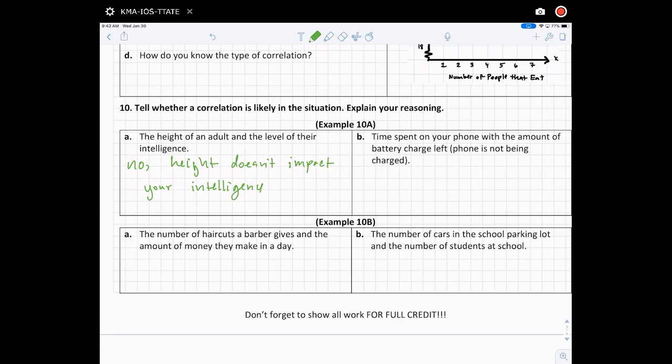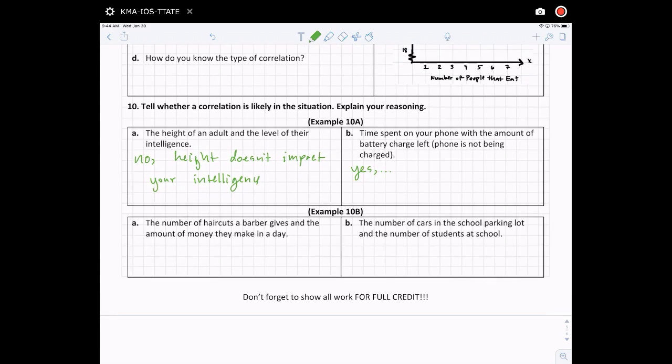Yeah, okay, so I would reason yes, and another person could possibly reason no, and if your justification is good enough, then you can still get the full points either way, okay? I would say yes. If I do think there's a correlation, I would say the more time spent on phone, what would you think that would impact your battery charge?